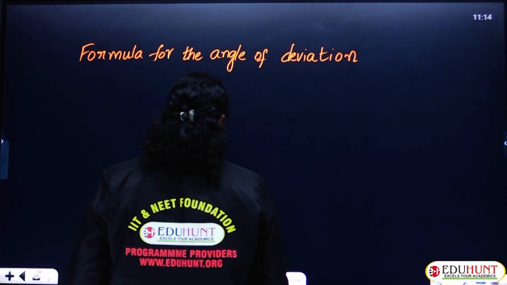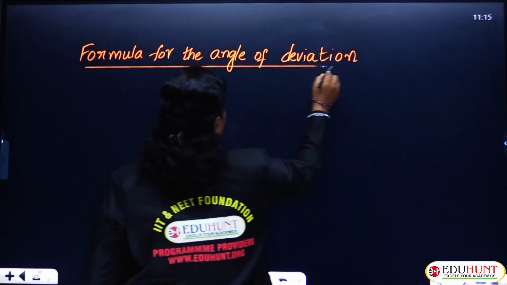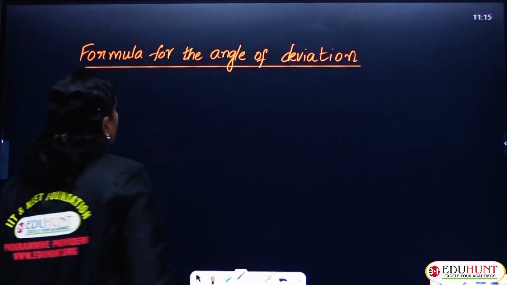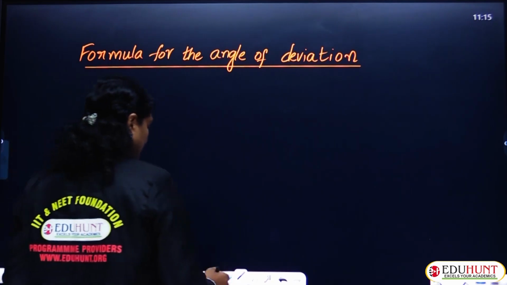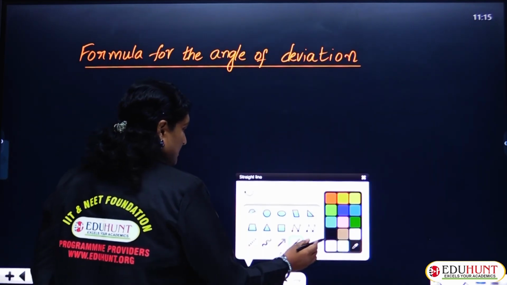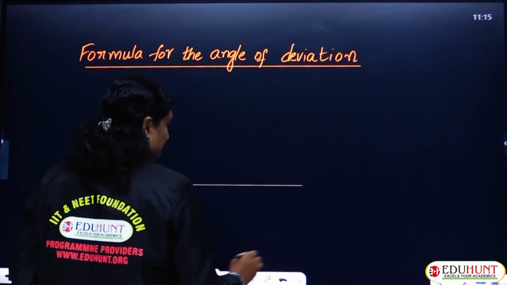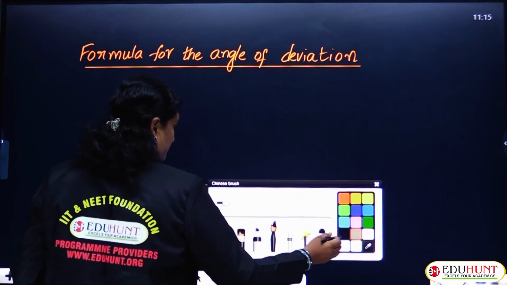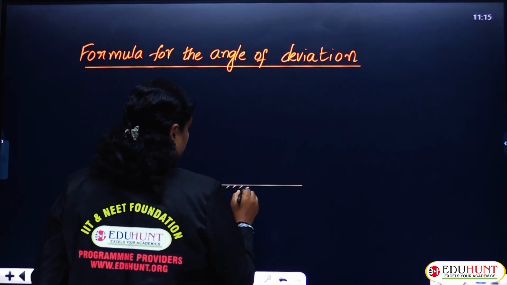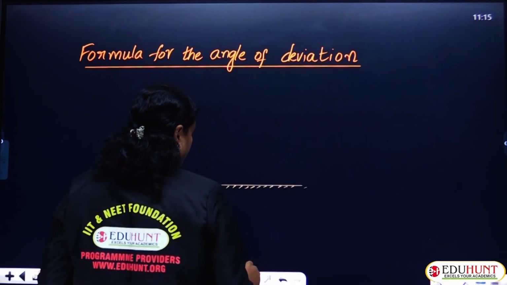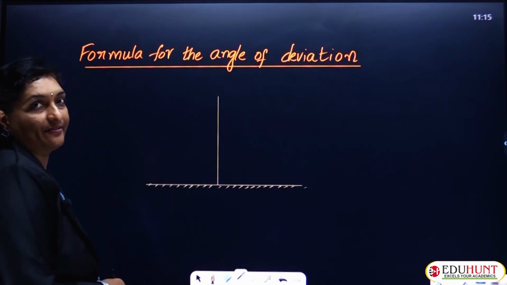Due to reflection. Formula for the angle of deviation due to reflection. For this, let us consider a plane mirror. Let n be the normal drawn to this plane surface.